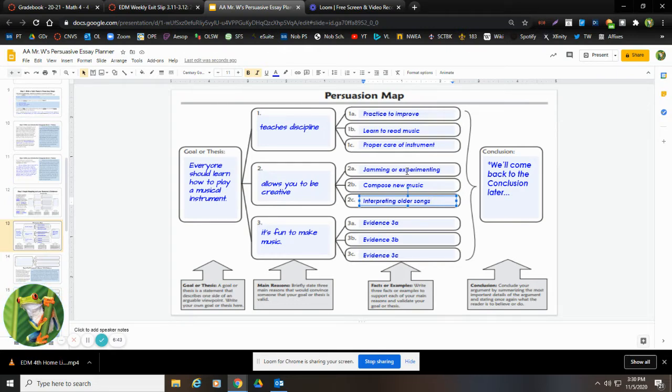A famous example is the song All Along the Watchtower, which is a Bob Dylan composition. Bob Dylan was a folk rock singer who started out in the 60s. His version of his song was an acoustic, folky song.